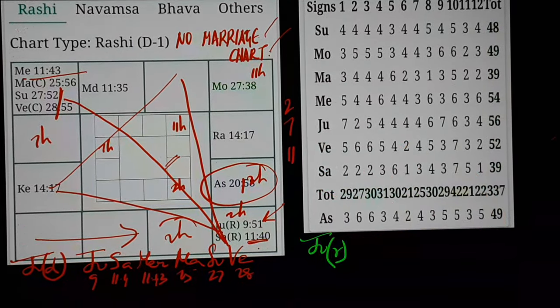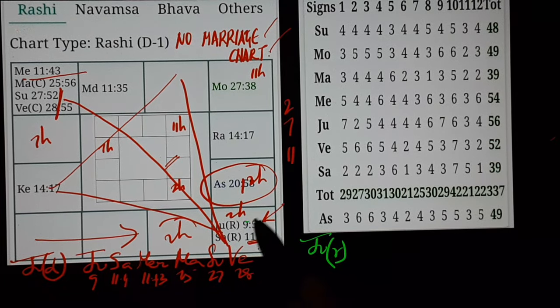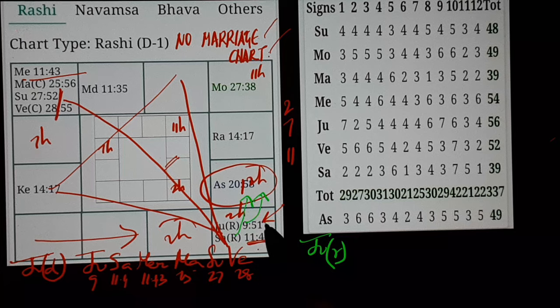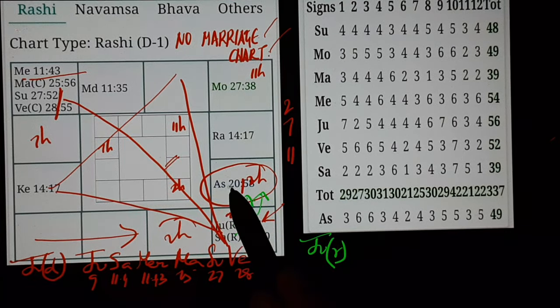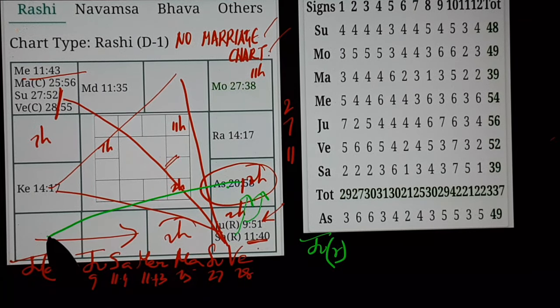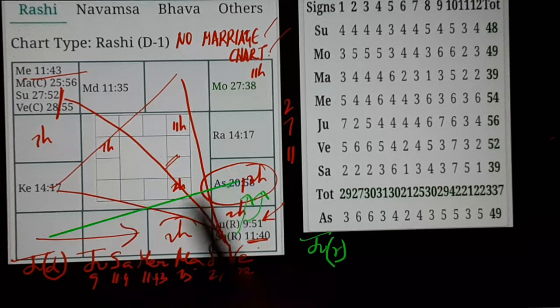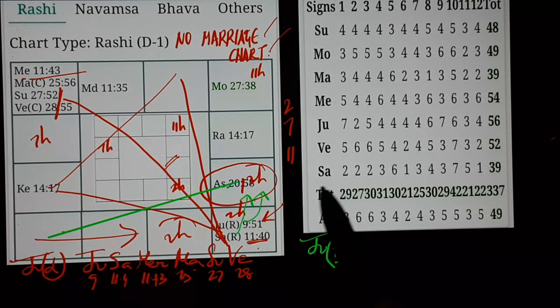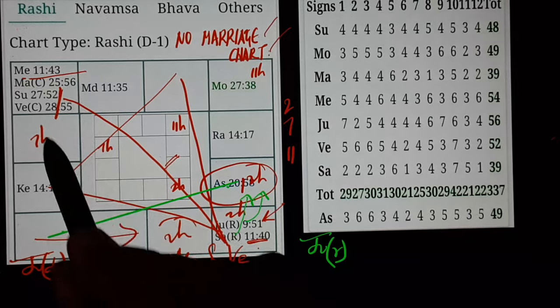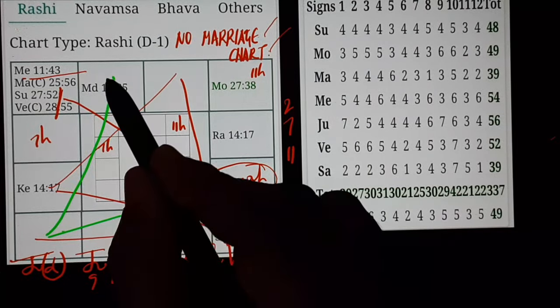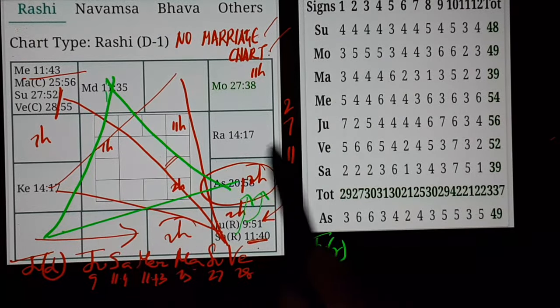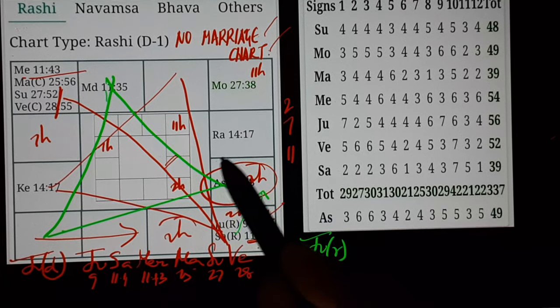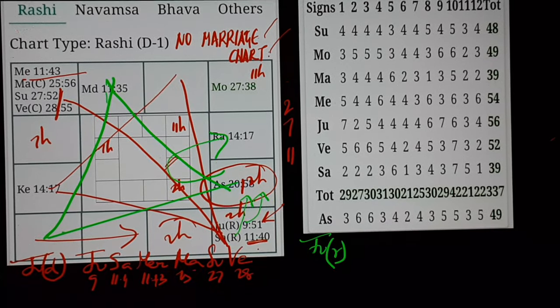Now we shall attempt to write the retro string of Jupiter. When Jupiter is retro, obviously Saturn will also go retro, and we can see that from this Lagna, 1, 5 and 9. There is no planet in 1, 5, 9 and there is only Rahu in the 12th house.